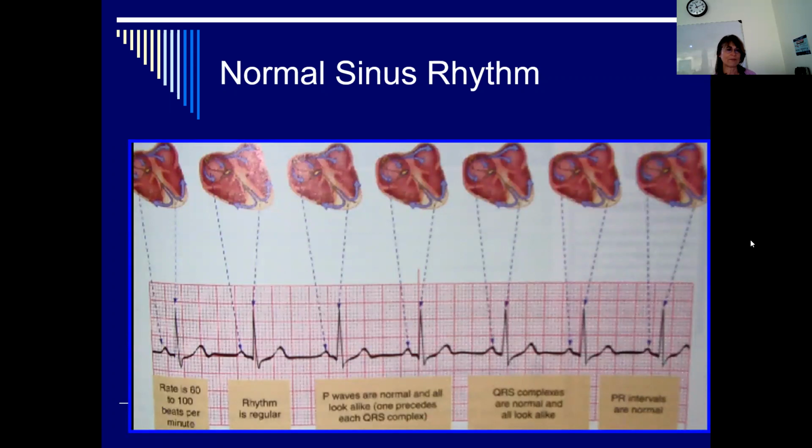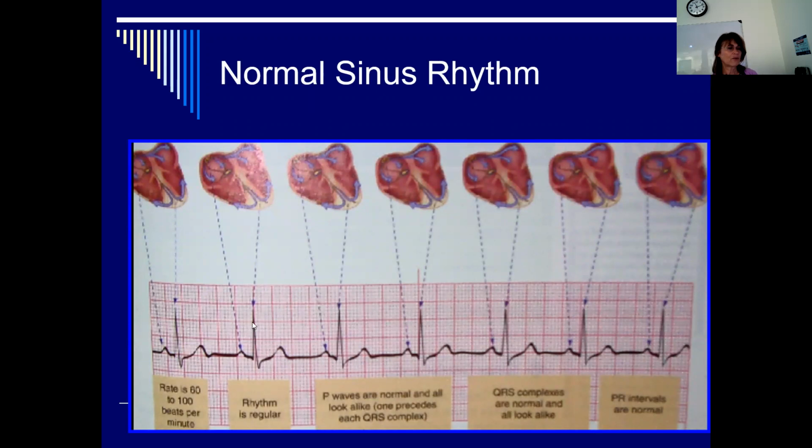And here's an example. So this is a 6-second strip. 1, 2, 3, 4, 5, 6, 7. So there's 7 R waves in 6 seconds. What is the rate? 70. Very good, 70 per minute. Now we look at the distance between the R waves.